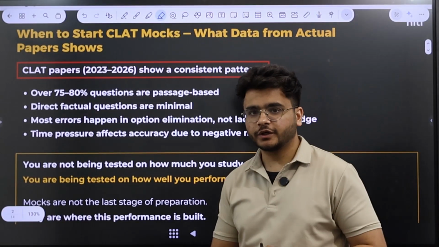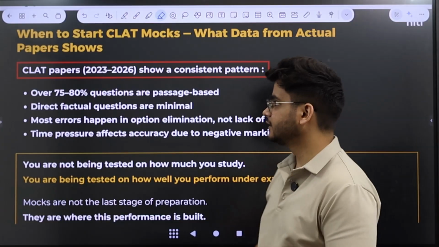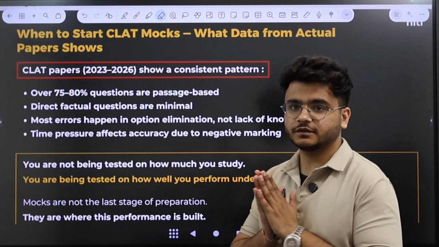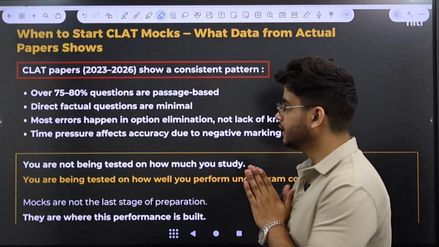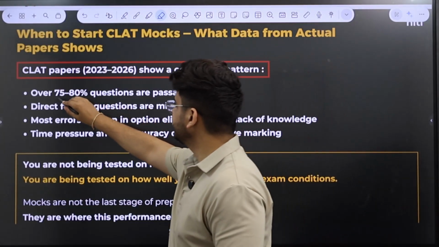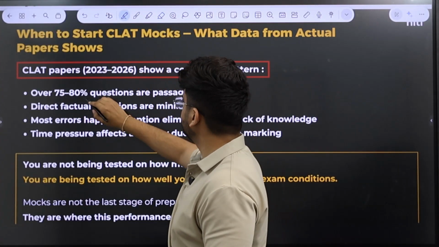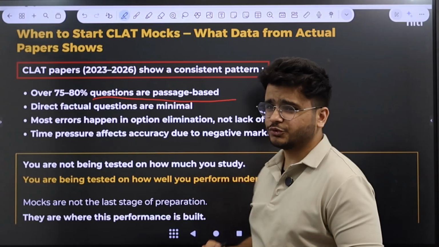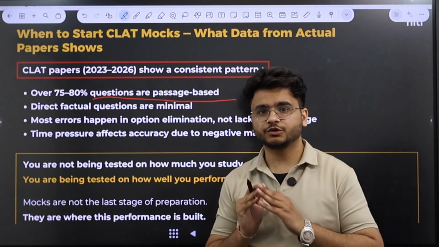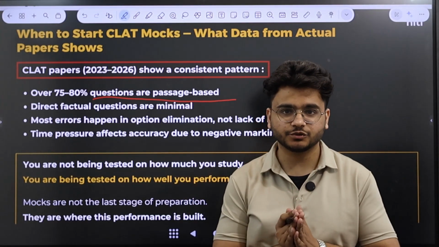So, firstly, before diving deep into the strategy part, let's just understand what the CLAT PYQ pattern shows. Over 75 to 80% of the questions are passage based. Almost all the questions are passage based. You will not be asked direct factual questions.